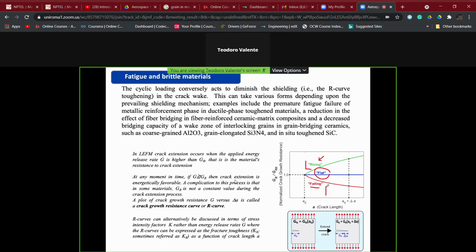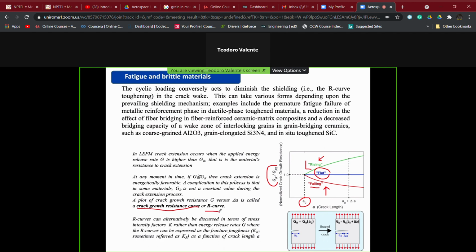Please note that we have reported the ratio between the critical strain energy release rate during crack propagation and the initial conditions, related to the initial size of the defect. This curve, which each material has its own and which is quite important in brittle materials, is also called the crack growth resistance curve, or R-curve.